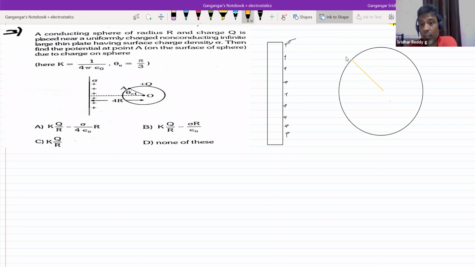Okay, let's have this one. So there's a point O. So there's A, and this distance is equal to 4r. Radius of the sphere is r. This angle, let me write, say theta or some alpha. What is alpha?